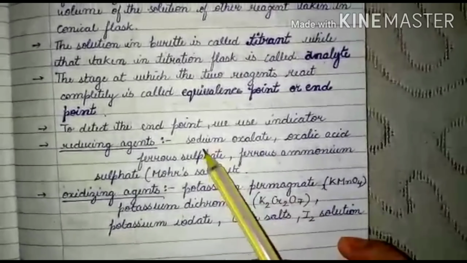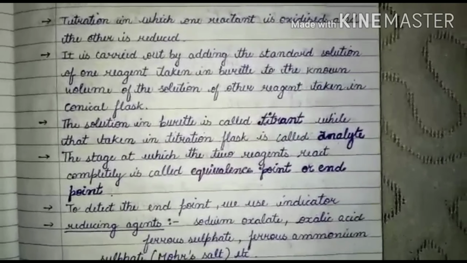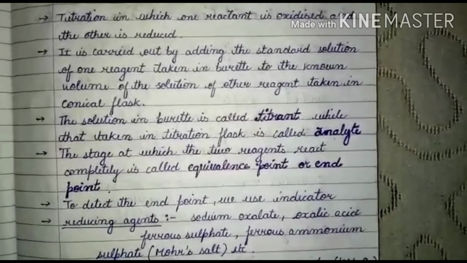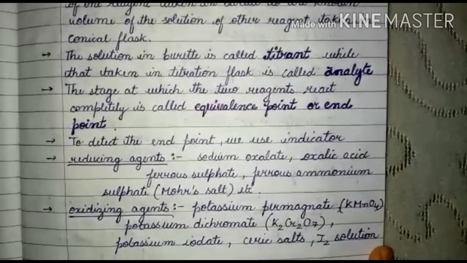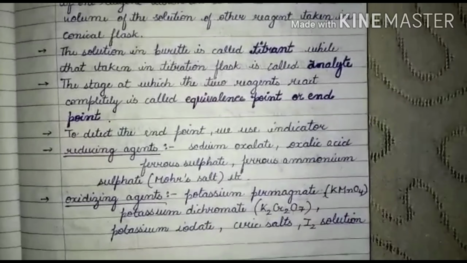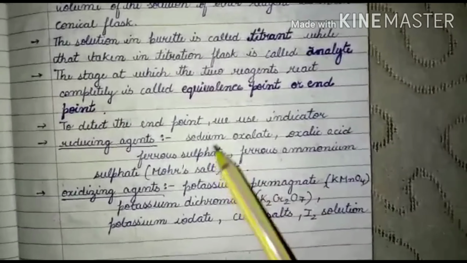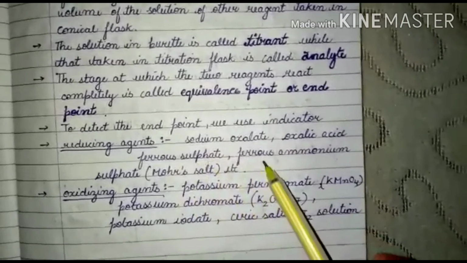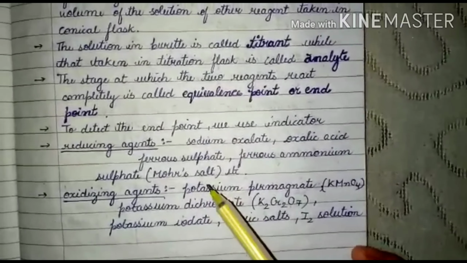Reducing agents are such as sodium oxalate, oxalic acid, ferrous sulfate and ferrous ammonium sulfate, which is very important, also known as Mohr salt.